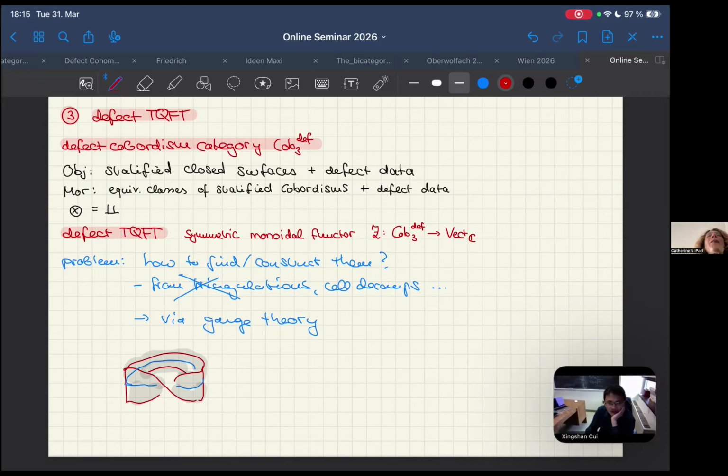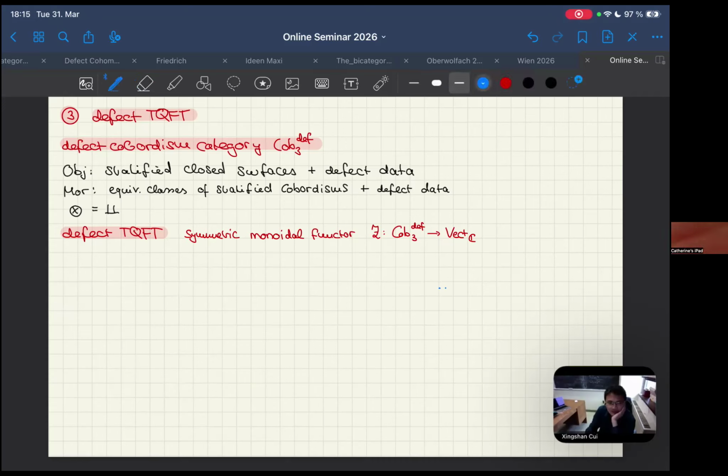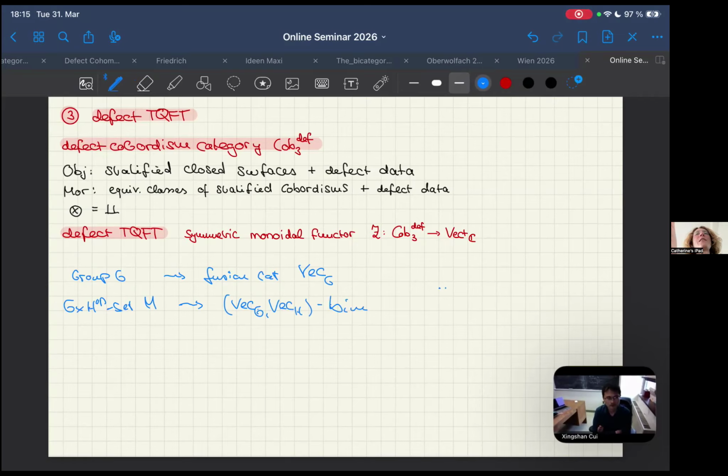Yes, I mean, how should I say? So I could write down the data in a more categorical way, then you would see this. So then I would have, instead of the group G, really the fusion category Vec_G. The G times H sets that corresponds to the Vec_G, Vec_H bimodule category.